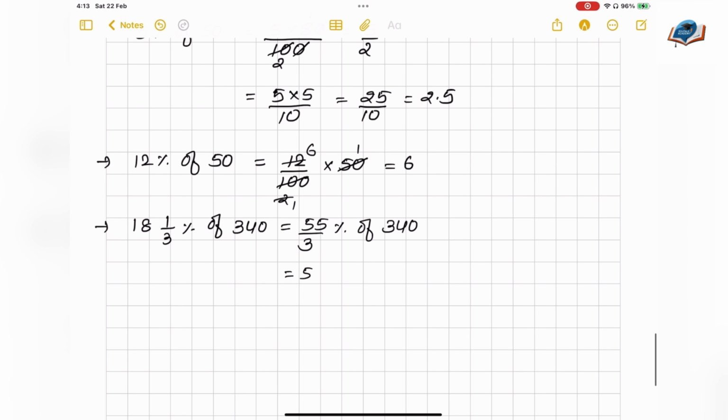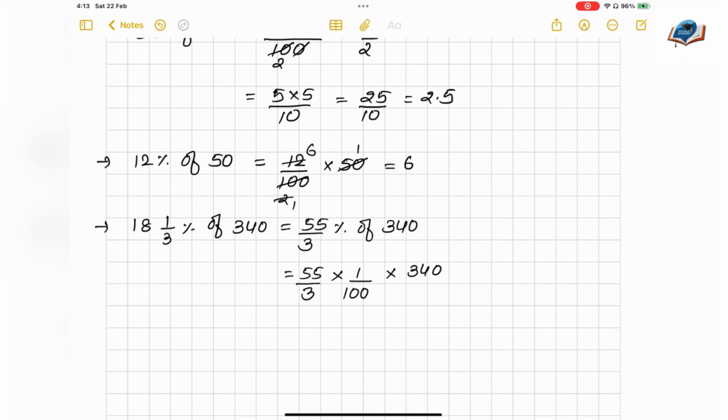So I can say this will be equal to 55 upon 3 into, of means into, and see, here the percentage sign is there, so I am writing percentage as 1 upon 100 into 340.